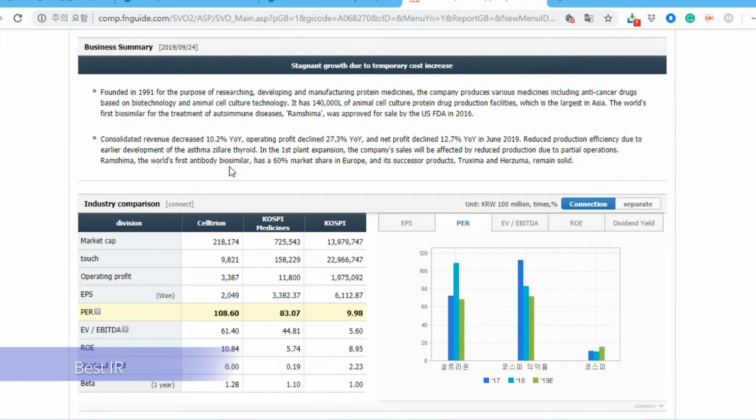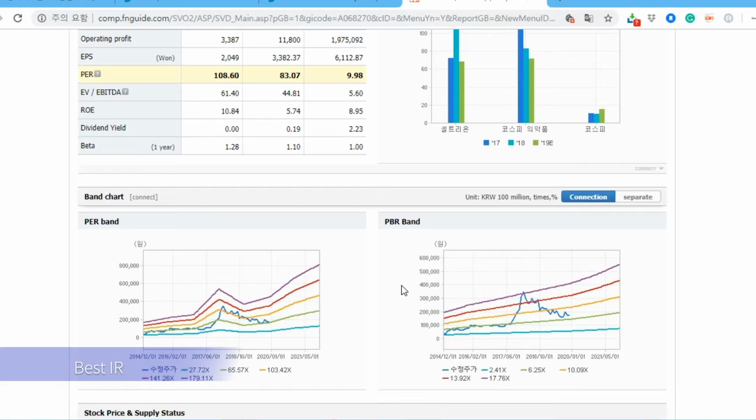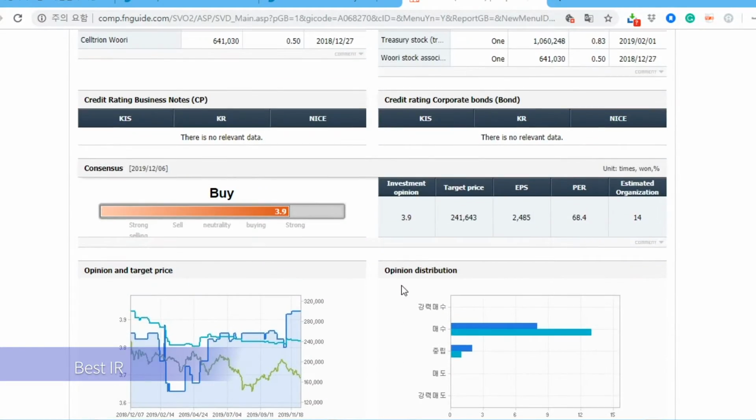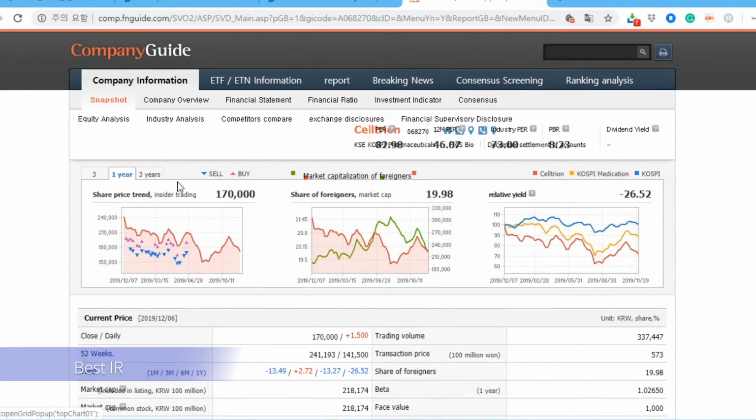Remsima, the world's first antibody biosimilar, has 60% of market share in Europe with success products. Truxima and Herzuma remain solid. So they're basically selling a lot of biosimilar products now.